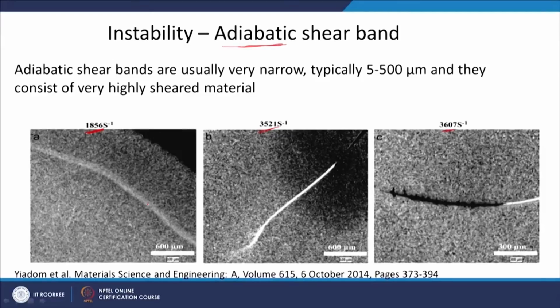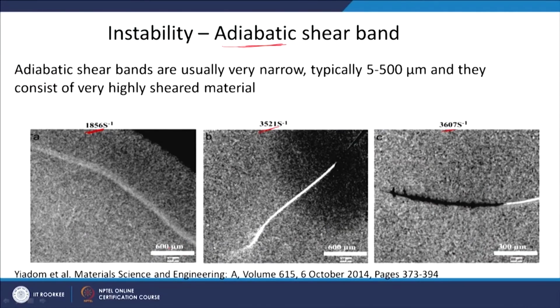you are not giving enough time for heat to dissipate, so the local temperature will rise and the material will become very soft, and when you are deforming, progressively the deformation will be concentrated in that narrow region. You can see that these are very long, so they will usually cover a large number of grains.